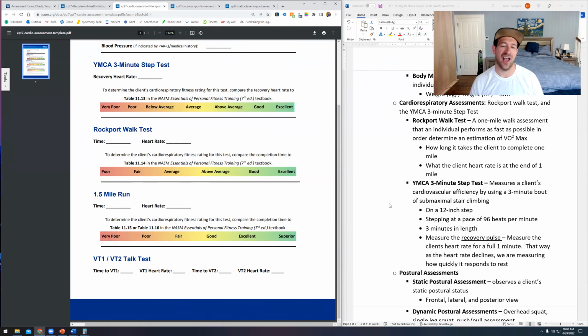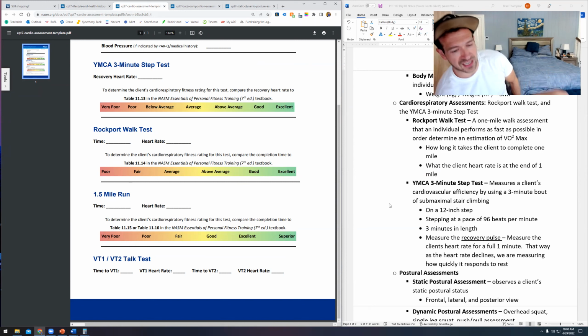And then we have the VT1 VT2 Talk Test. This is kind of a cool one. You put your client on a treadmill and continually make it harder, basically every minute on the minute, until eventually they start breathing hard.